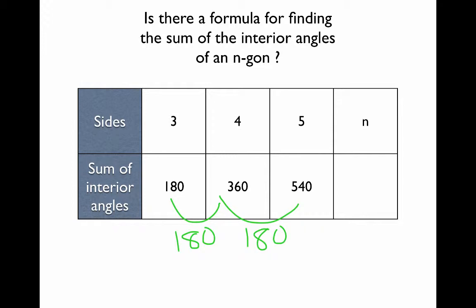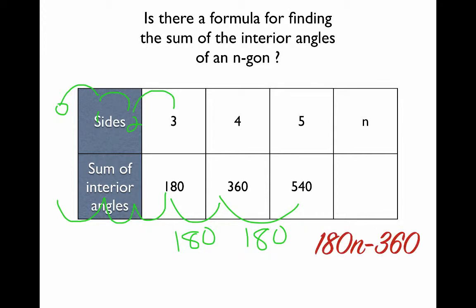Now, in order to find the intercept, we need to go backwards 2, 1, 0, and if you go backwards, 0, negative 180, all the way to negative 360, you'll see that again this has a rate of 180 and an intercept of negative 360. Its equation is 180n minus 360. Now that's not the only way to write this answer, but that is one way.